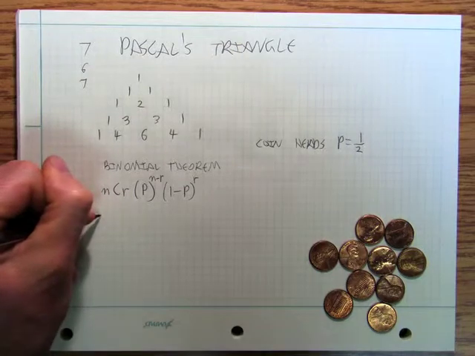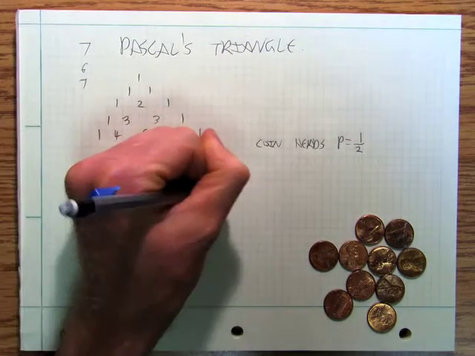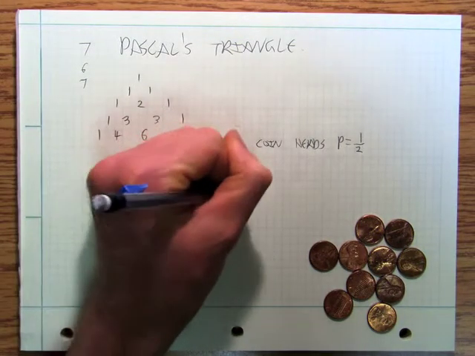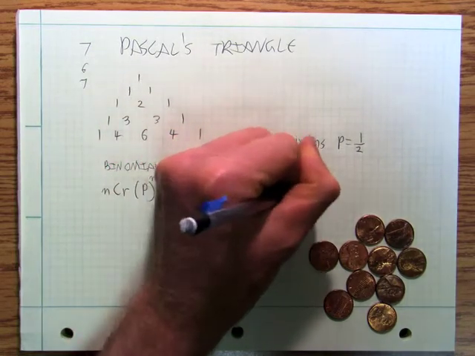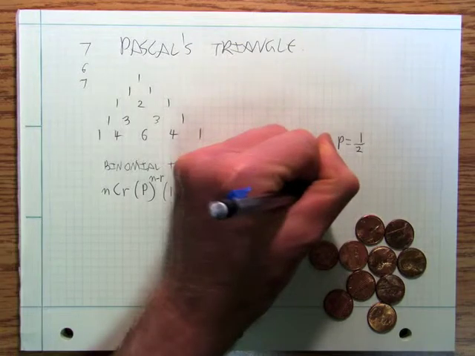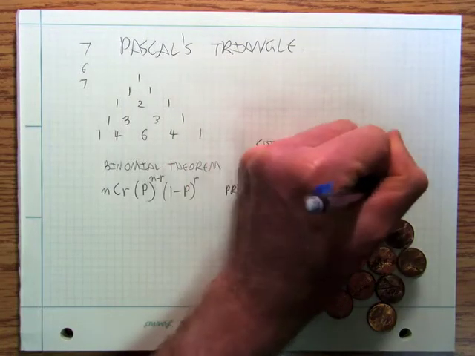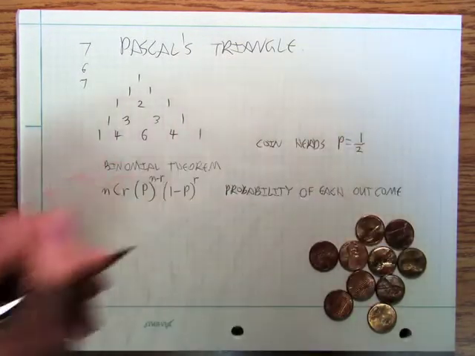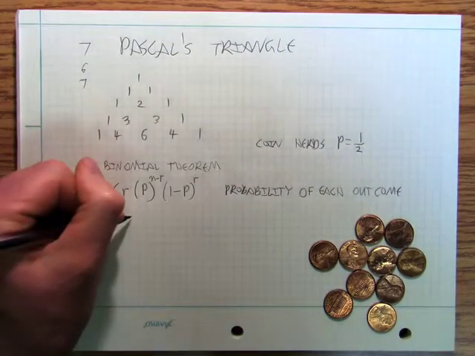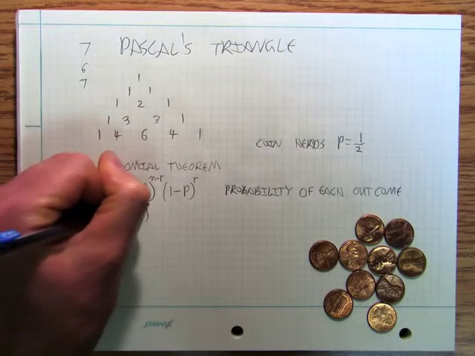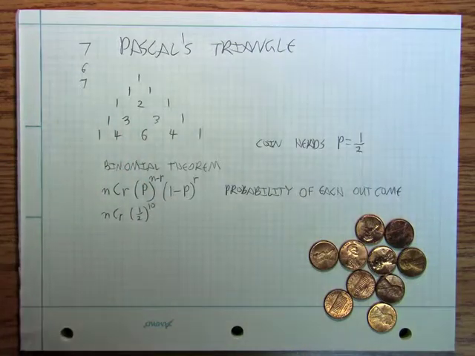So my probability of each outcome is going to be nCr times 1/2 to the 10th in my case.